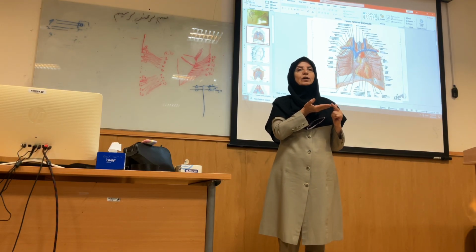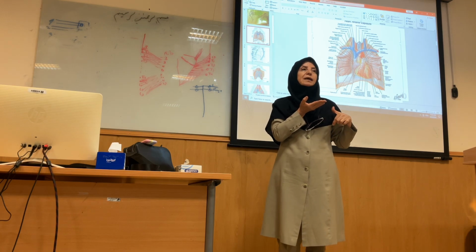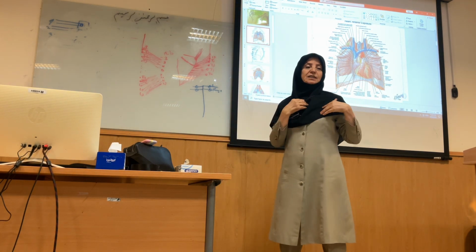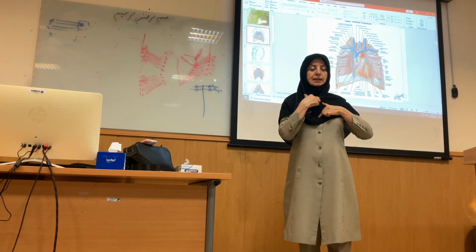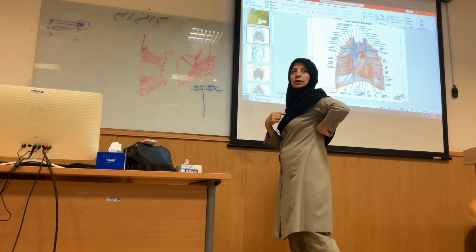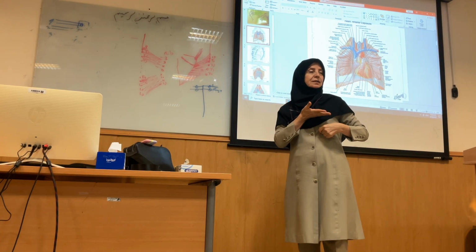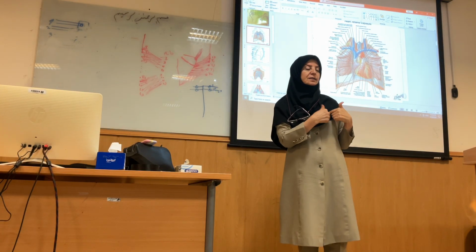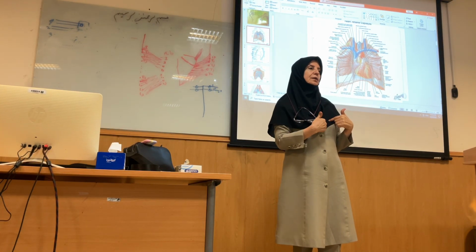The apex is going to be found in which intercostal space? The fifth intercostal space. Now look at me, the fifth intercostal space begins near the sternum and continues to the vertebral column. In which part? The apex is about 8 to 9 centimeters far from the sternum.